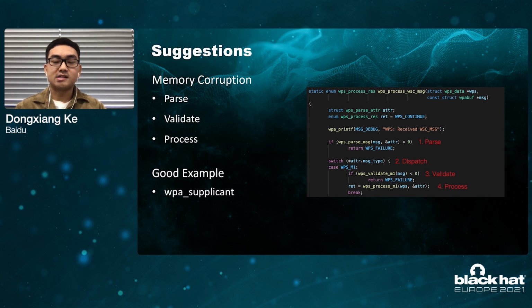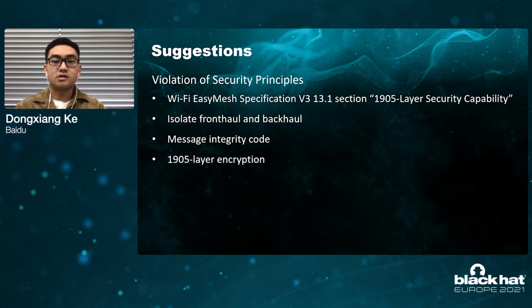and validation and processing. For vulnerabilities caused by violation of security principles, there is a section in the EasyMesh version 3 standard that specifically describes the security capabilities of the 1905 protocol. For example, to isolate backhaul and fronthaul links, and an integrity transmission counter used by the sender to prevent replay attacks, and also to encrypt the 1905 protocol layer.